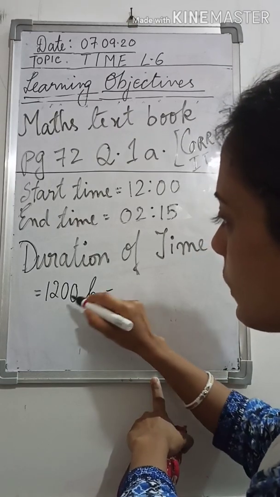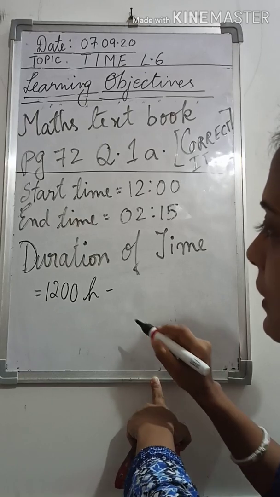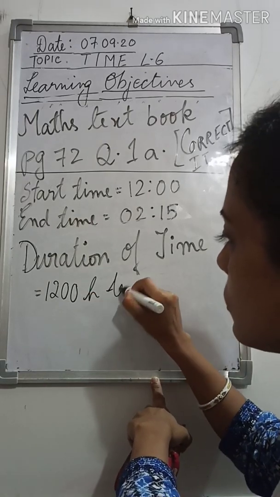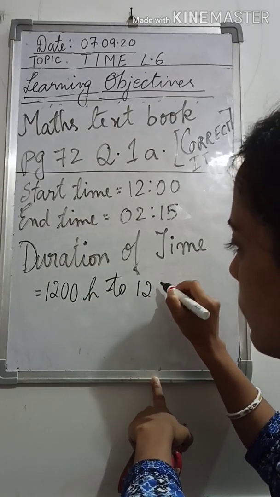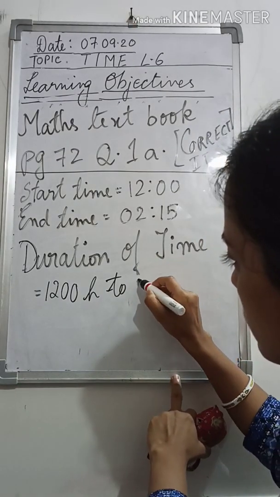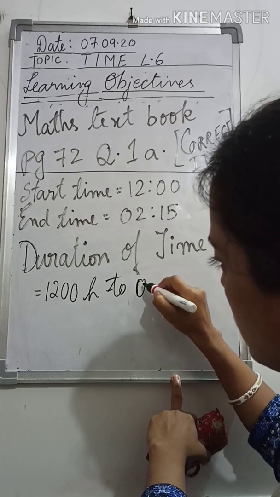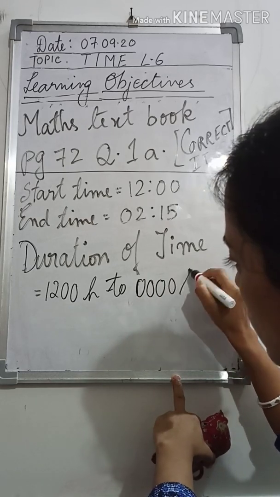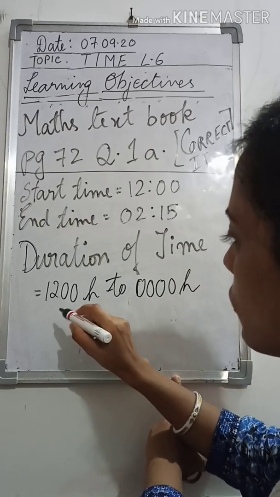We just want to find the time difference from 12 noon to 12 midnight. So how do we write 12 midnight? 00:00 hours.